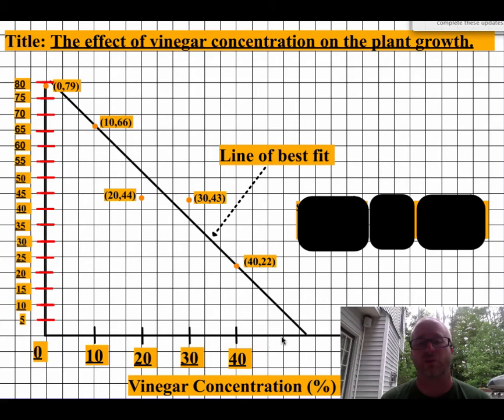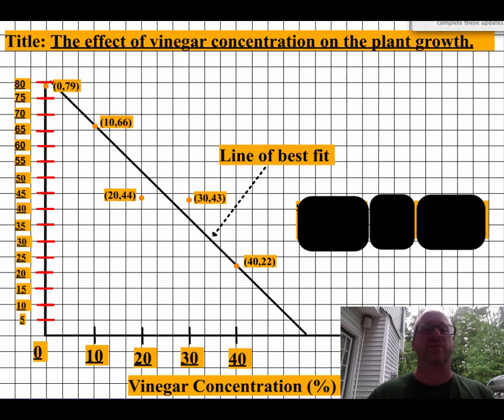So we go out 1, 2, 3 more boxes here, and we had a 50% here. Well, this line of best fit would help us predict where we might have a data point on here. Okay? And what if we had to go out to 60%? We could adjust this line down, and we'd kind of be able to predict what those data points might look like. Okay? So that's how it helps us.